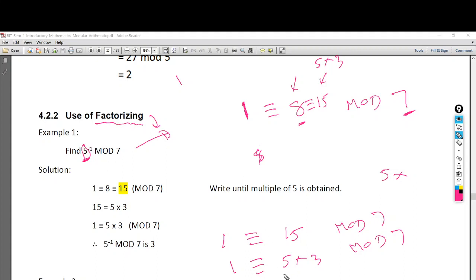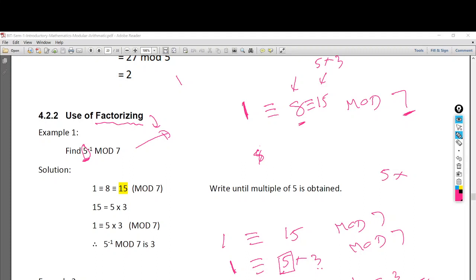If you multiply a number by 5 and you get 1, that is your inverse. So when you multiply 5 by 3 you get 1. Therefore 5 inverse in mod 7 is 3. So that's what you found.